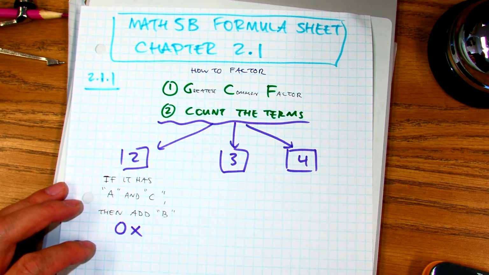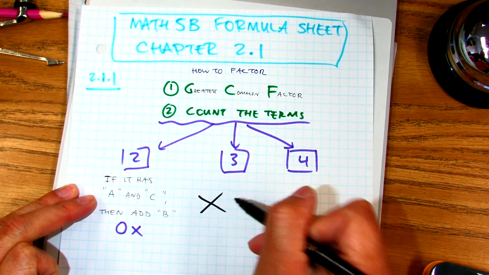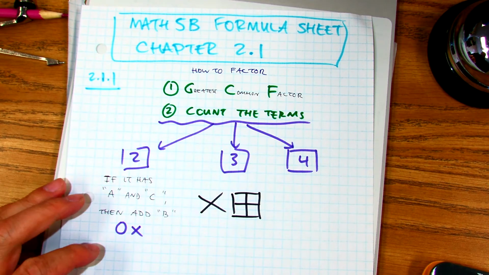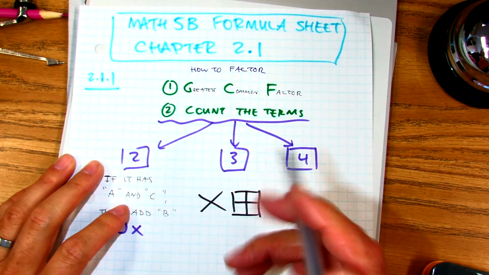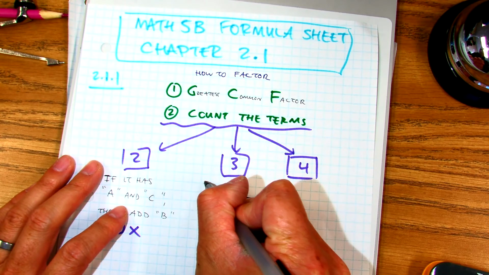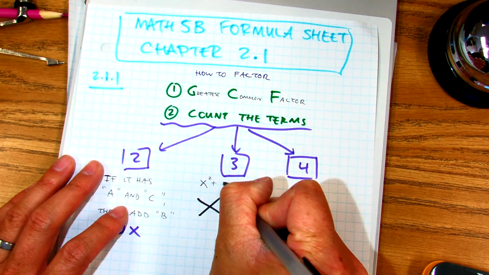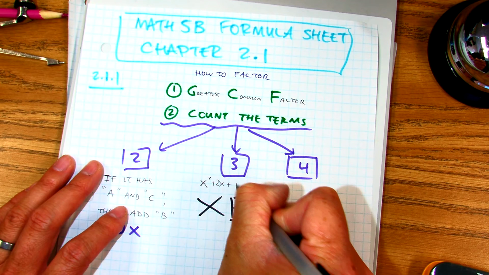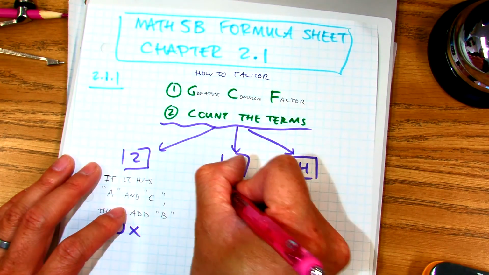If you count 3 terms, then you're essentially just using what? X box. Remember now, you can only do that if the exponent, let's put 2x plus 1, has to be half.